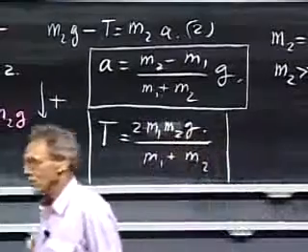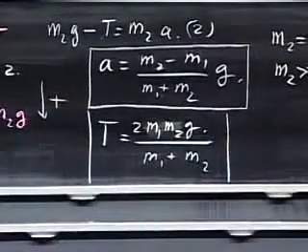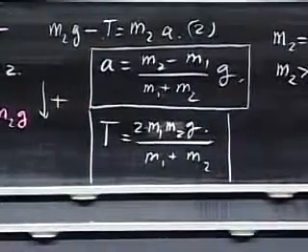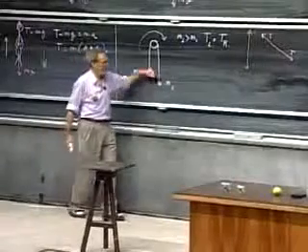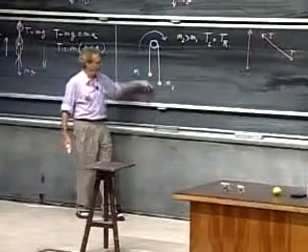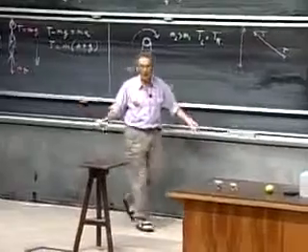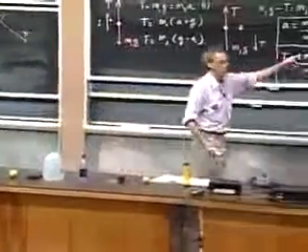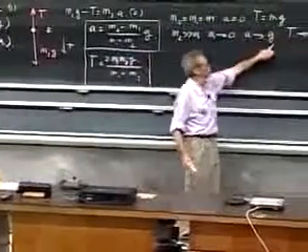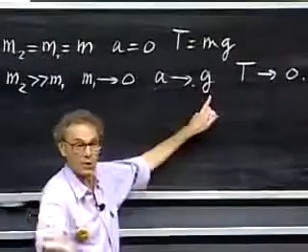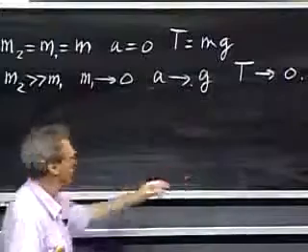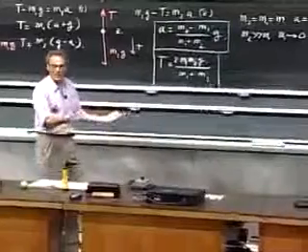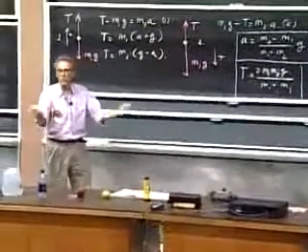That is obvious, because if I make M1 0, M2 goes into free fall. And if M2 goes into free fall, its weight is 0, and so the tension is 0, and that's exactly what you see. And you see that the acceleration of that object is g, which it better be, because it's in free fall. So you see, this makes sense. This is exactly consistent with your intuition.